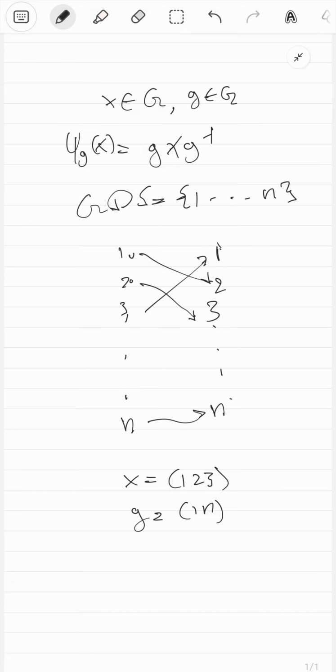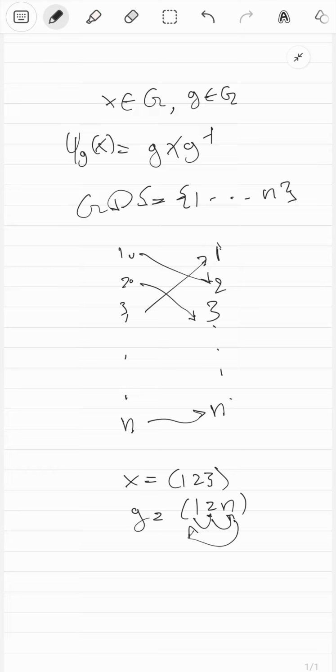First it's going to do a g inverse. Actually, let's take g to be a slightly more complicated thing. Let's say that it's also a 3 cycle, (1 2 n), so it sends 1 to 2, 2 to n, and n back to 1.